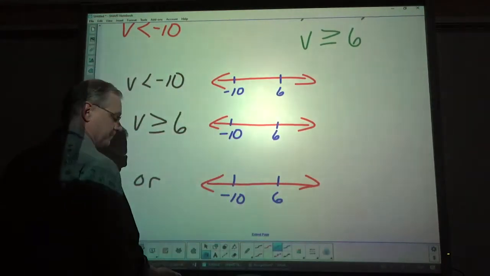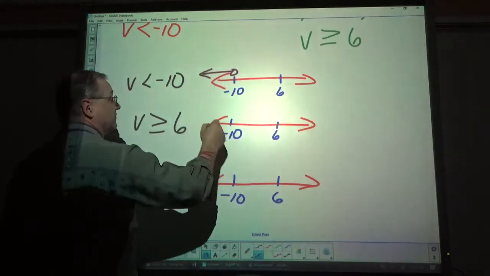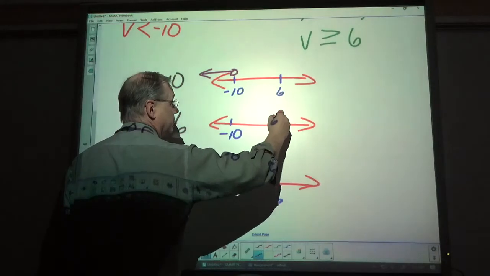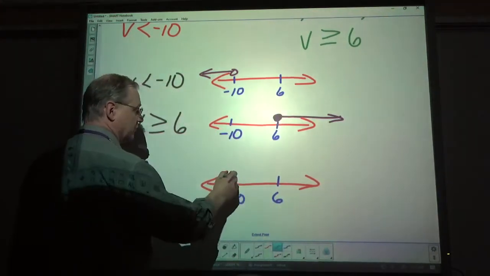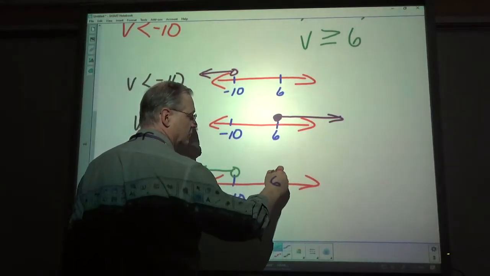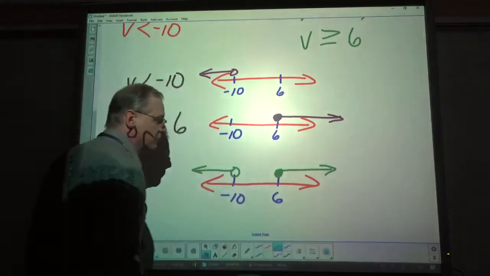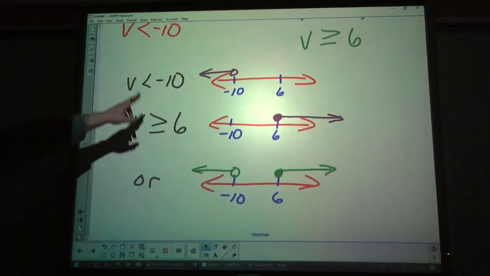Let's graph it. Less than negative 10, greater than or equal to positive 6. The OR graph: open circle, arrow to the left over negative 10. Solid dot, arrow to the right over 6. There you go. That is your answer.